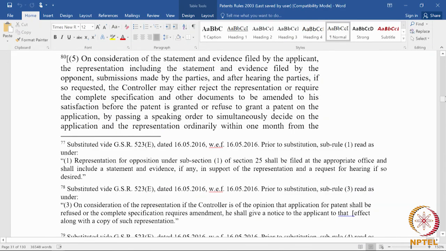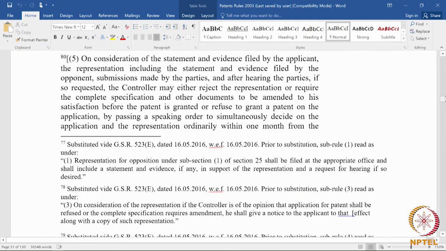So, he can reject the opposition, require amendment and grant the patent, or refuse the grant of the application by a speaking order. So, wherever a Controller refuses an application pursuant to a pre-grant opposition, there has to be a written order, a speaking order.